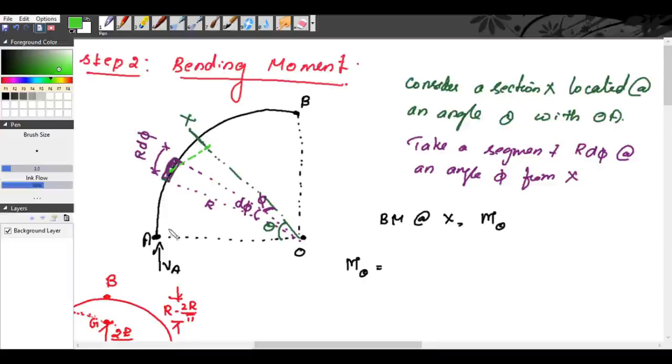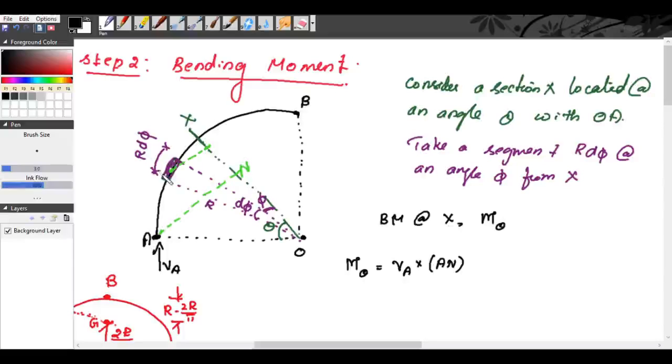We will take this point as N. So m theta is equal to VA into the perpendicular distance towards OX, that is AN. It is clockwise, so we will take it as positive. So we get VA multiplied by AN.